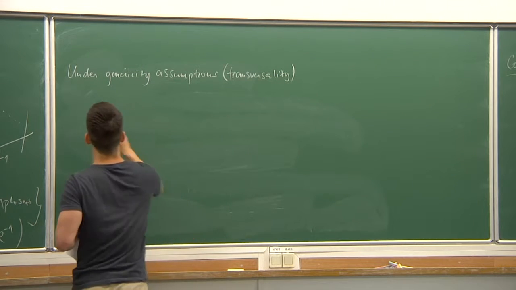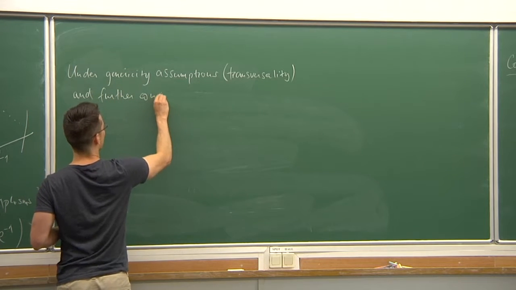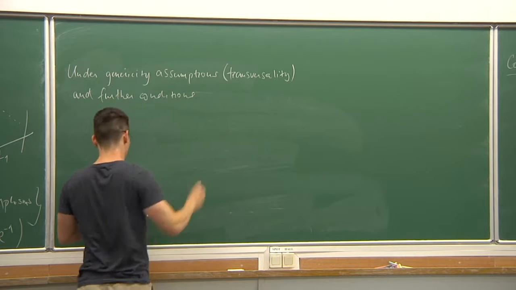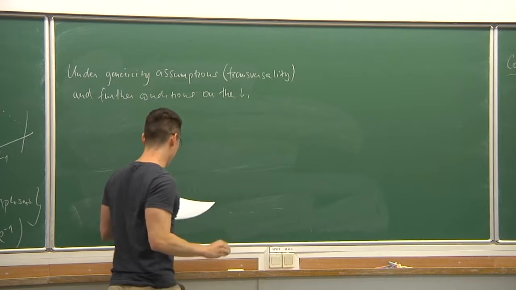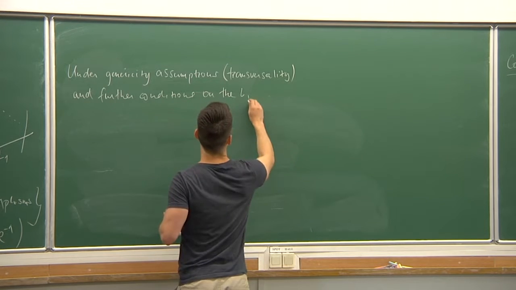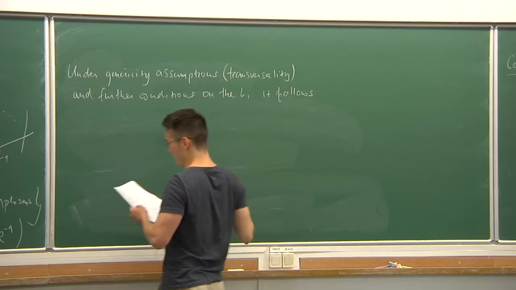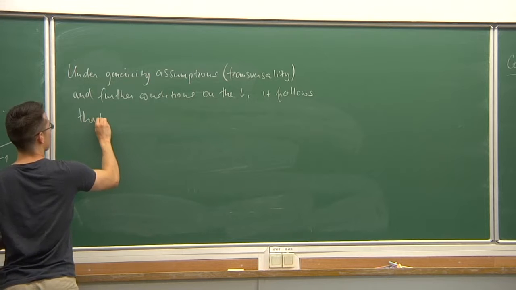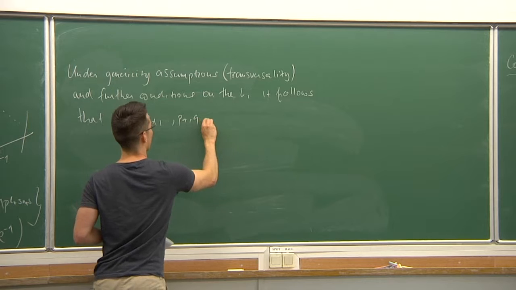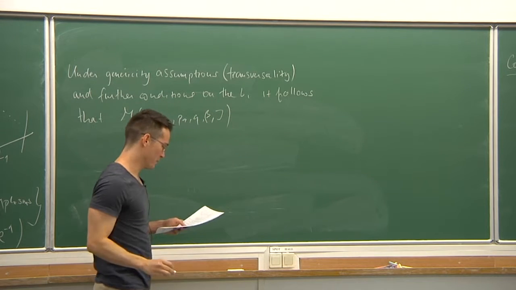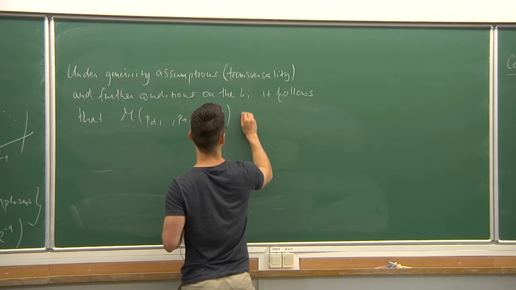And further conditions on the Li that I'm not going to specify at the moment, it follows that this moduli space, M, PD, P1, Q, beta, J, is a smooth orientable manifold of a certain dimension.